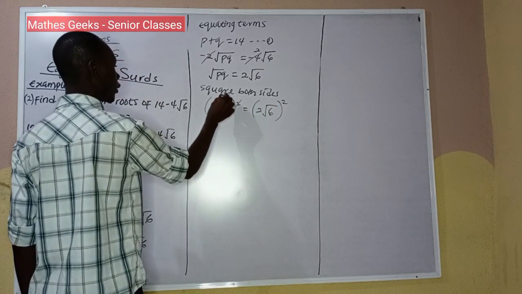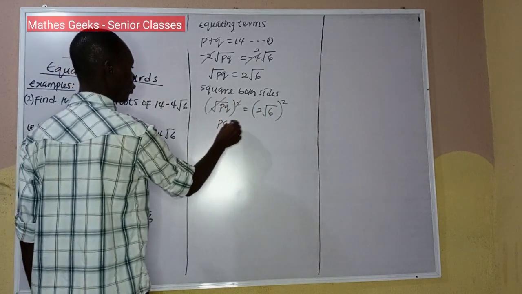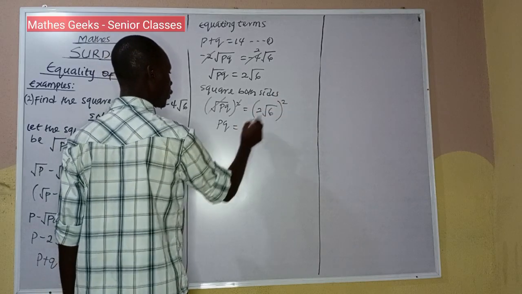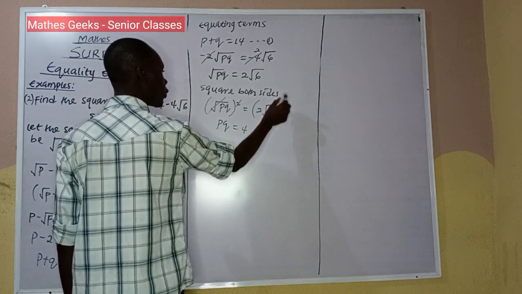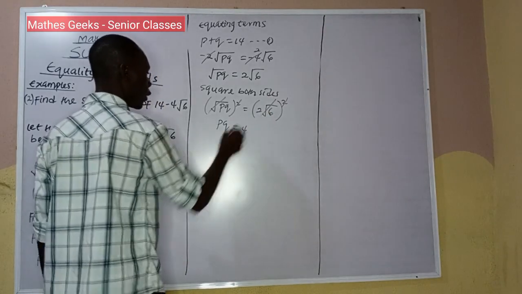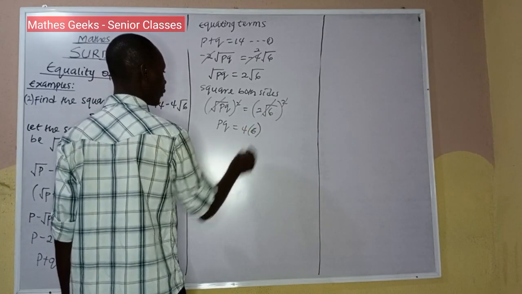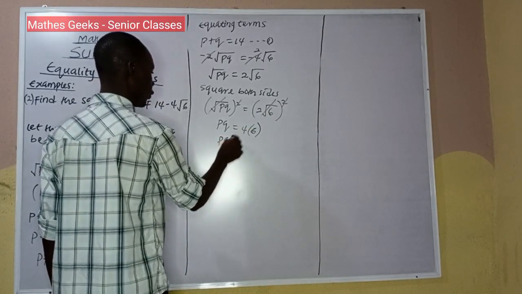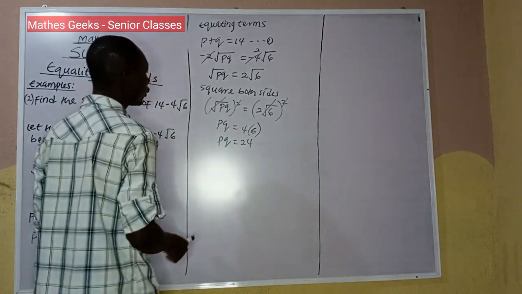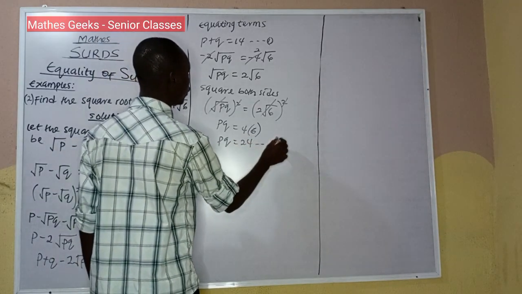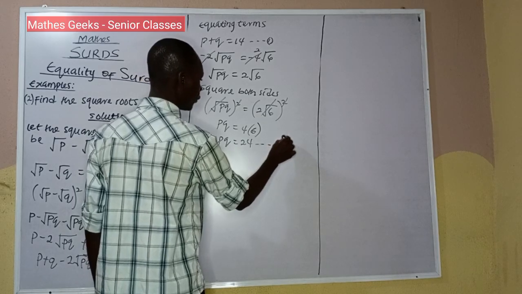So this 2 will cancel this square, and here will be pq. Now 2 raised to power 2 is 4, and root 6 raised to power 2 will give us 6, so that will give us 4 times 6. And this will give us pq is equal to 24. So this is equation 2.